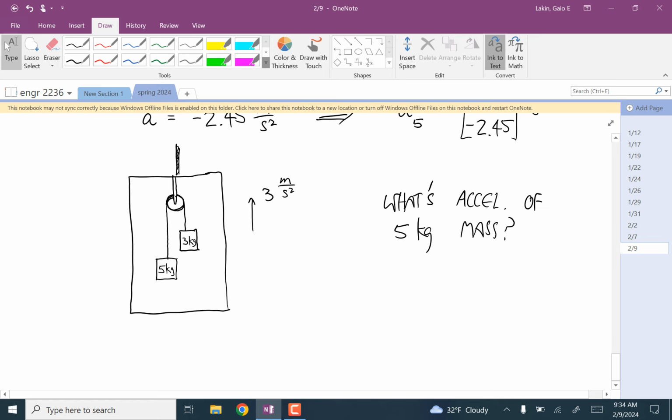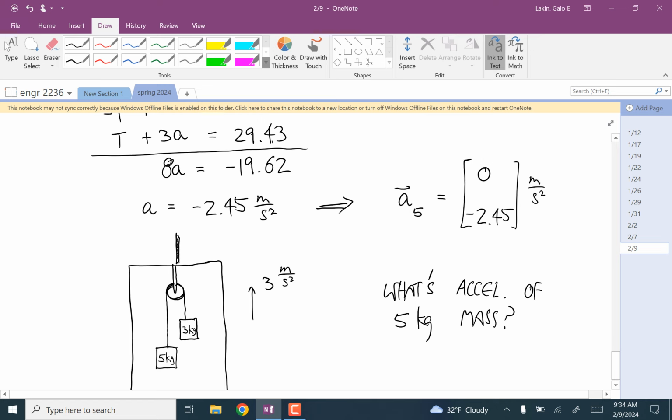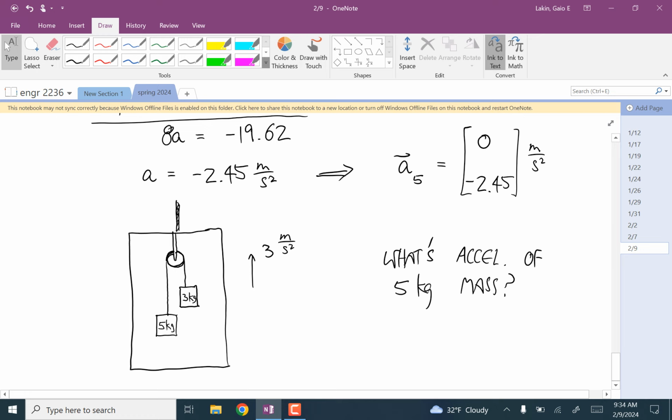Well, here's the thing. Notice that in order to calculate the accelerations, we had to recognize that there was a relationship between those two accelerations. If this one was accelerating down, this one was accelerating up with the same magnitude. For somebody inside the elevator, that relationship is still going to hold here.